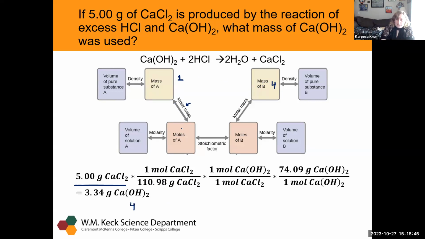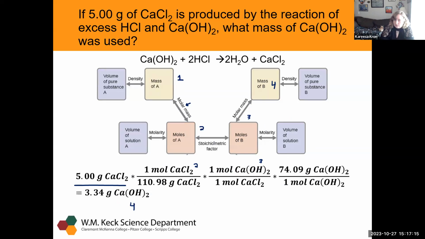So in order to do that, I have to cross the stoichiometric, so this is step 2. I have to multiply it by the stoichiometric factor, and that will give me moles of calcium hydroxide, which I then multiply by the molar mass using dimensional analysis, and out comes my grams of calcium hydroxide. So I can travel through this figure to do calculations I'm interested in.